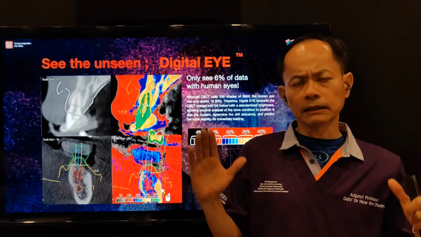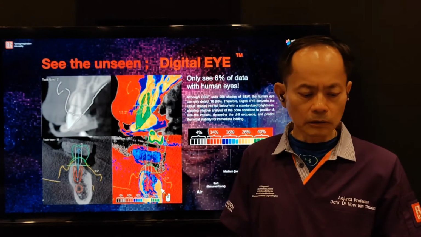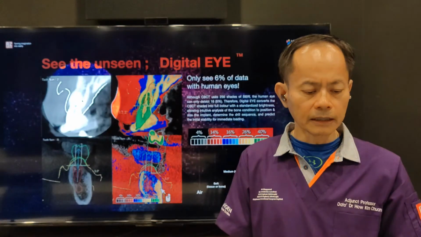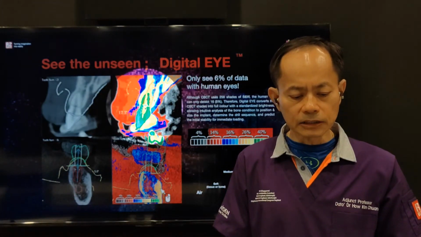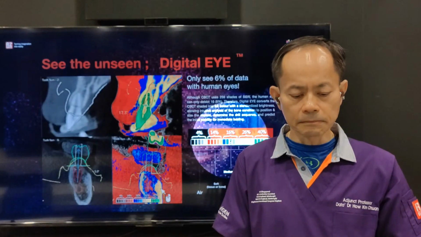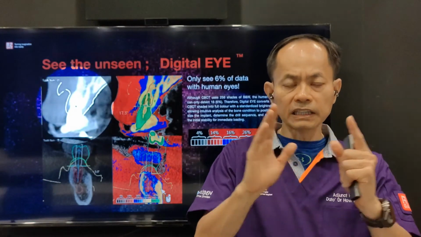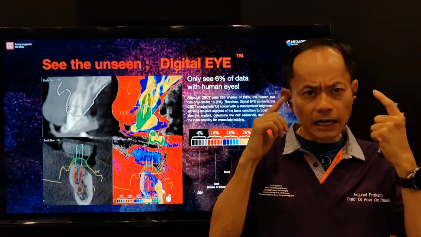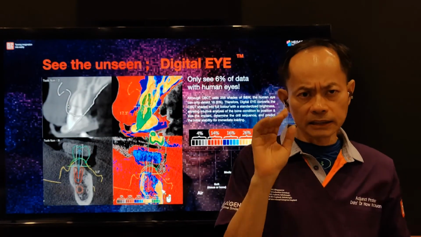And nowadays, the technology has gone even one step further, in that we no longer see things in black and white. The AI will help to color it, based on the different densities. For example, if it's just black and white, we have 256 shades of gray, but our eye cannot detect 256 shades. Our eye can only detect 16.